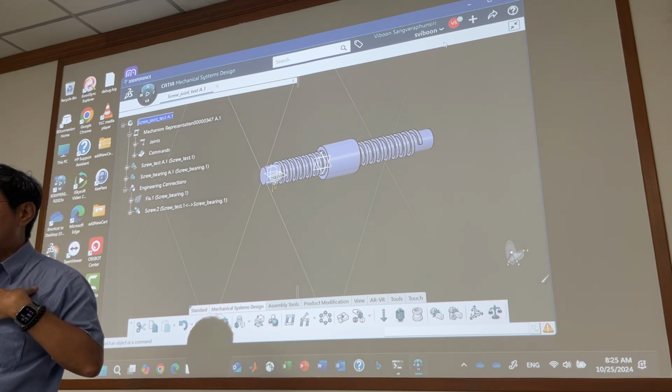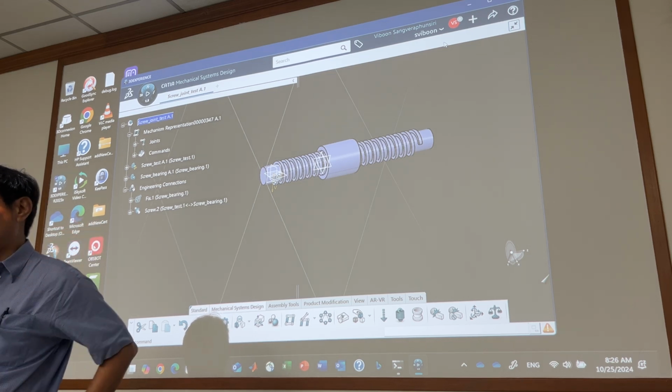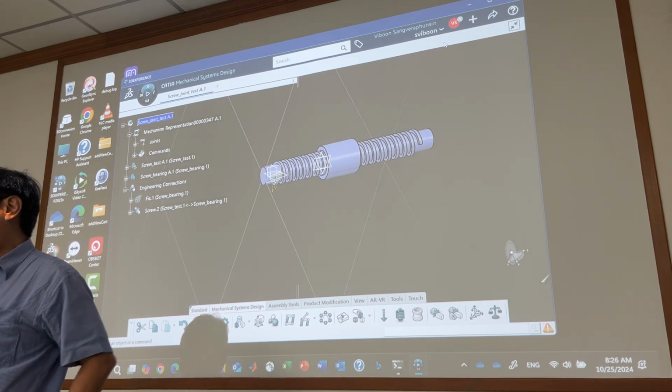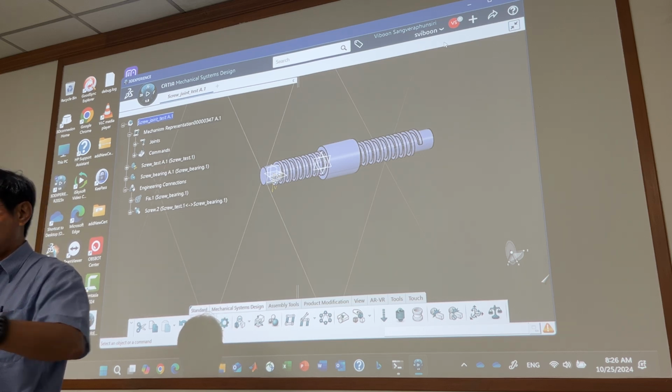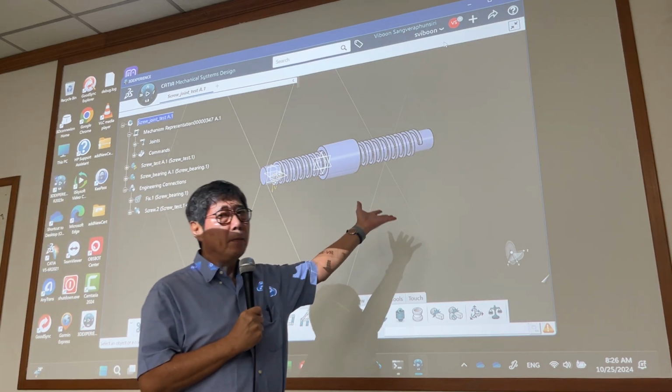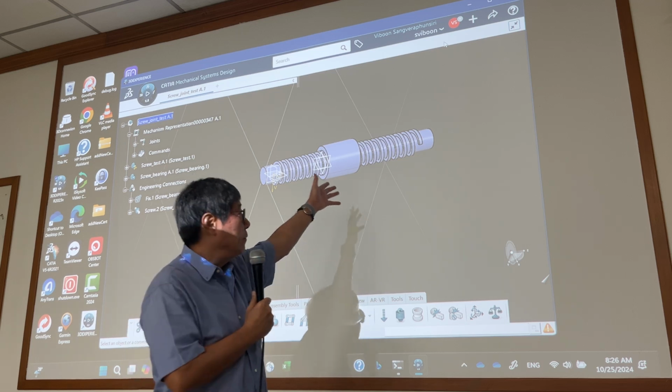But when we design a mechanism and you want to do simulation, we have to do something like this, but normally sometimes we just approximate.